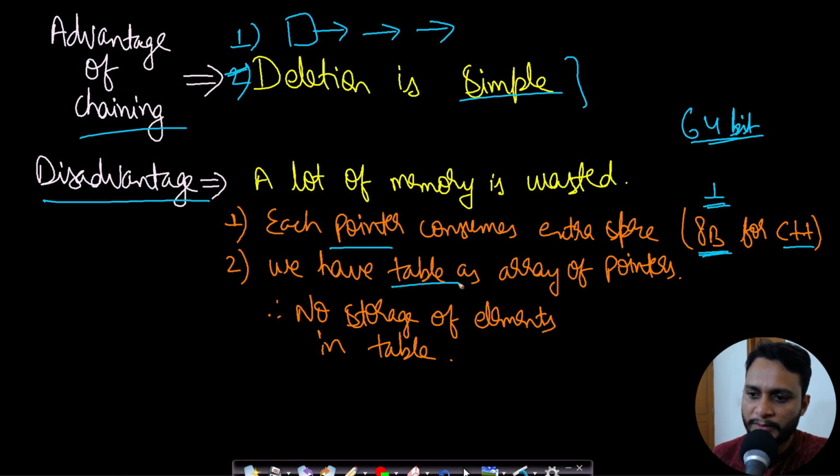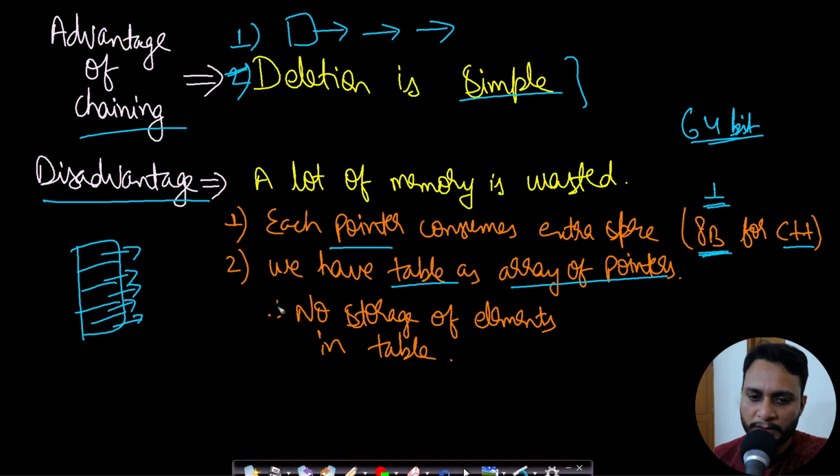And we have a table which will basically be an array of pointers, because the table will not be storing any node, it will just be containing the head pointers of each of the linked lists. So you can see that it will consume a lot more memory as compared to if you just had an array. I hope you understood all about chaining.